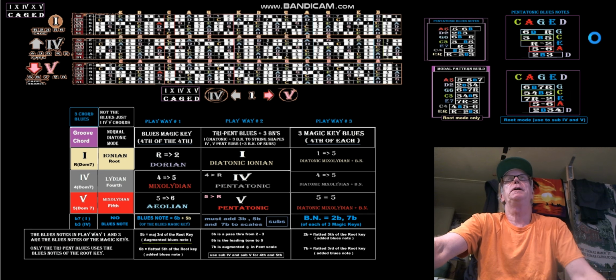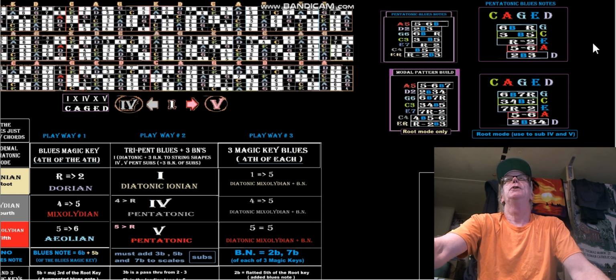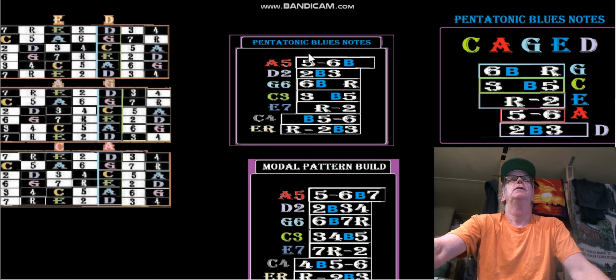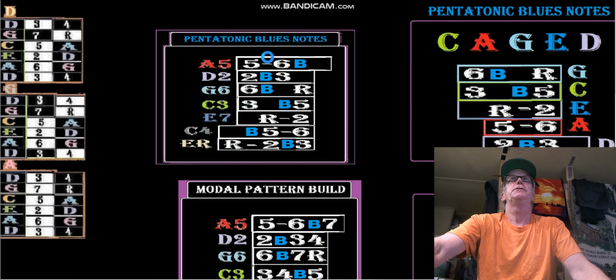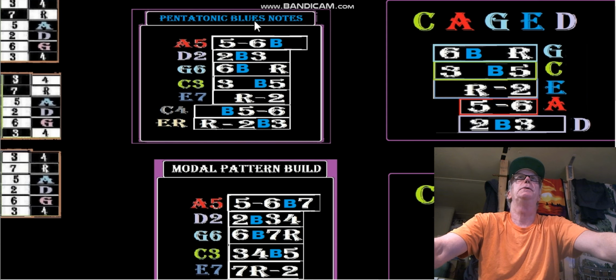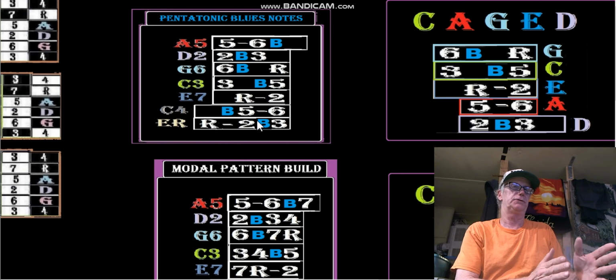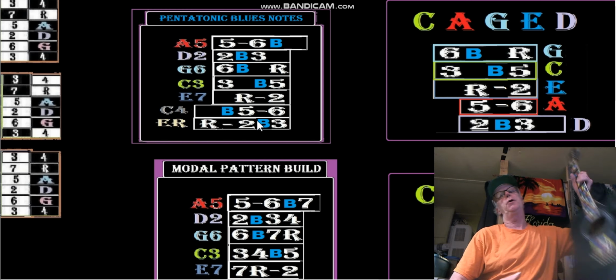So I can bring you right up here and show you the placement of these blues notes here. Let's just cut to the chase. Remember that in one of the ways to play, this isn't play away. Play away is a scale that plays away.